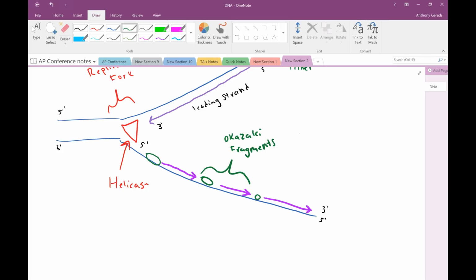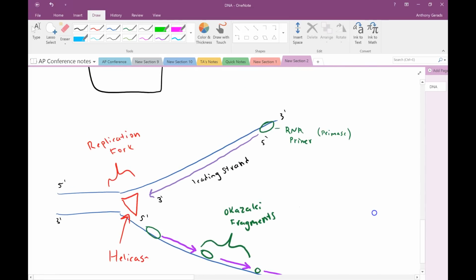Eventually, we're going to replace those primers with DNA, and then ligase is going to come along and link all these fragments together, because ligase links. And now we're left with 2 daughter strands that are identical to each other. Any questions?